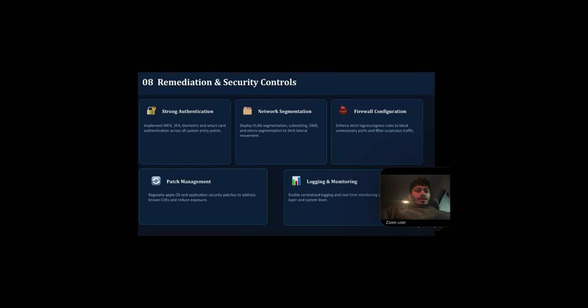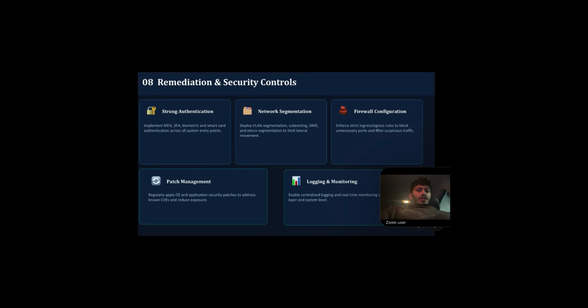Remediation and security controls. After identifying and exploiting the vulnerability, the next step is implementing security controls to prevent similar attacks. The first recommendation is strong authentication, including multi-factor authentication, to reduce the risk of unauthorized access.